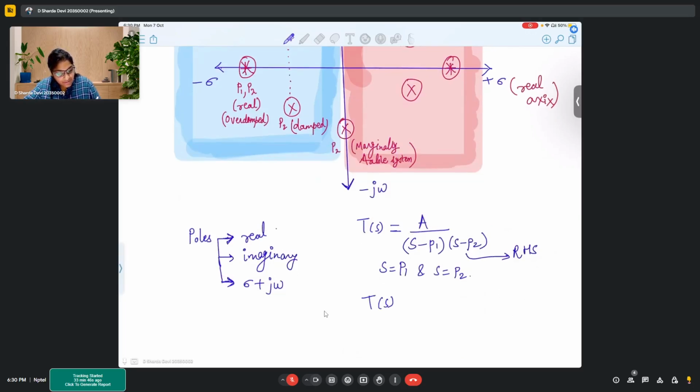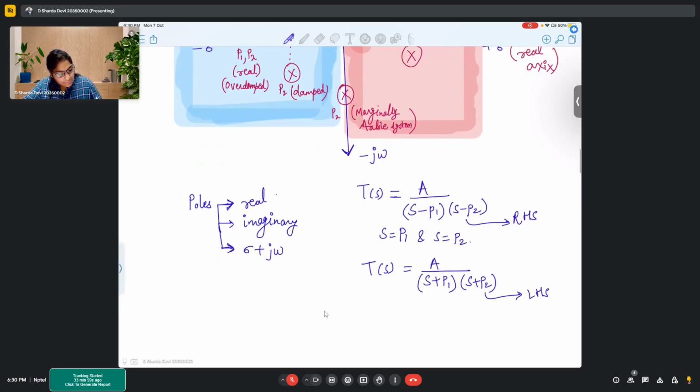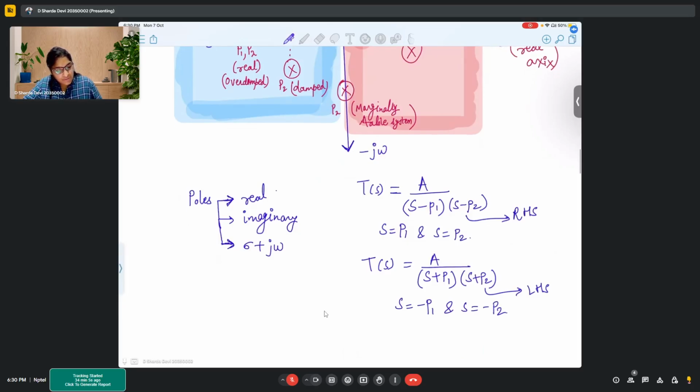Now, similarly, when your transfer function is of the form (S plus P1)(S plus P2), this will give you left hand side poles, with S being minus P1 and S being minus P2. Okay.